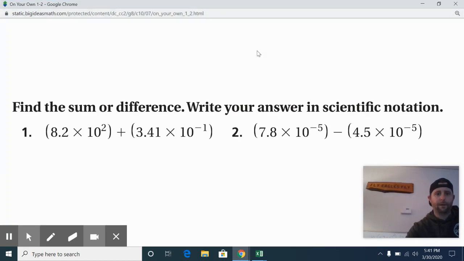Okay, so why don't we give these a shot? So pause your video at this time, and when you come back, the answers will be up. All right, so here are our answers written correctly in scientific notation. Again, hopefully this makes sense.